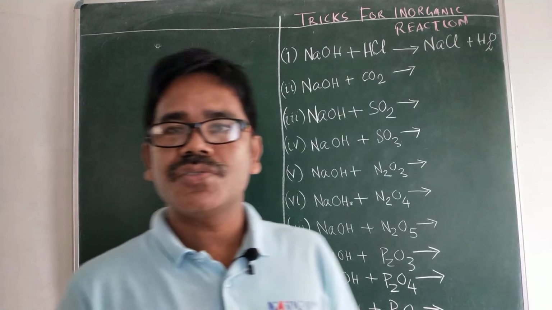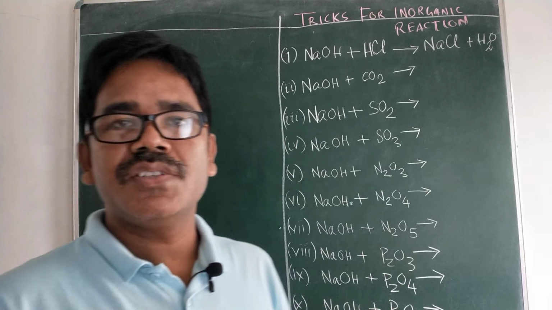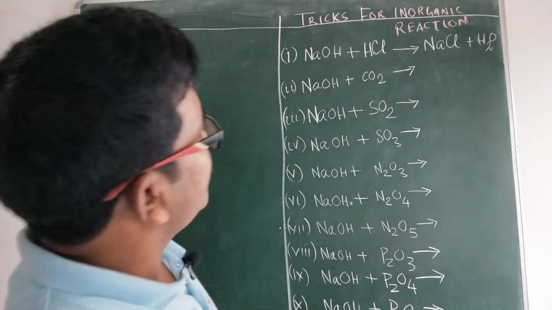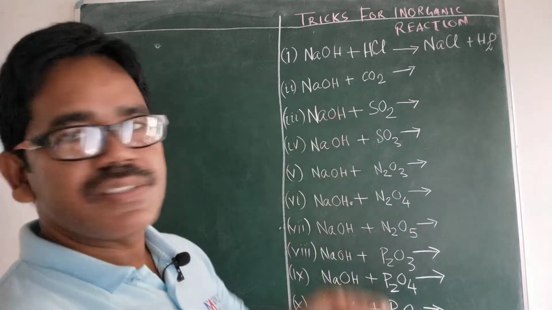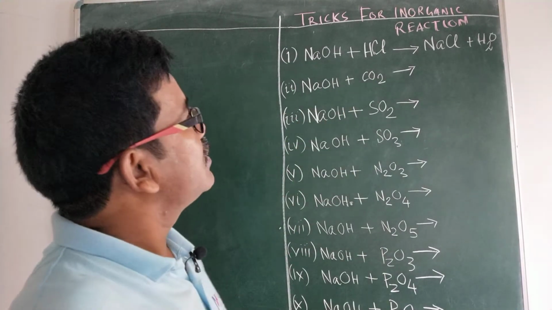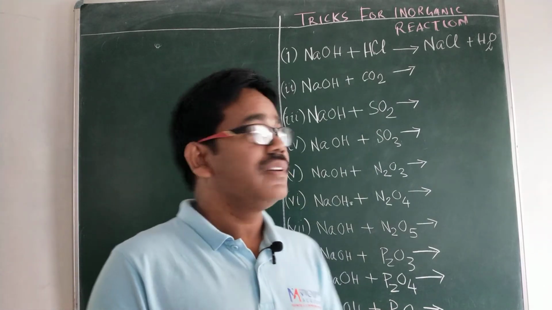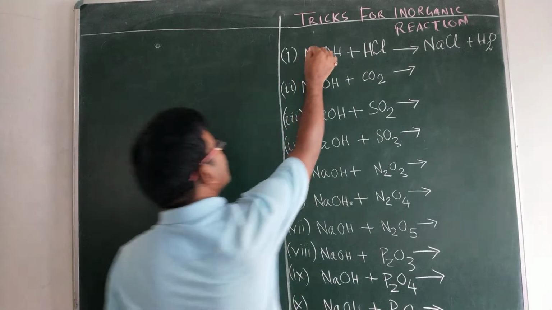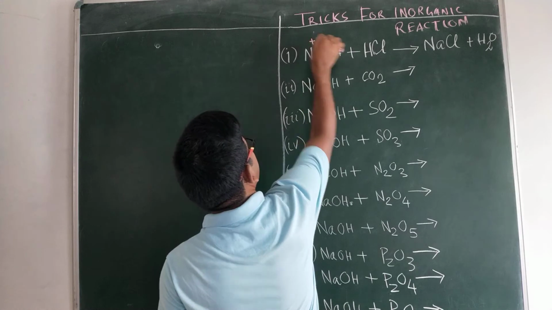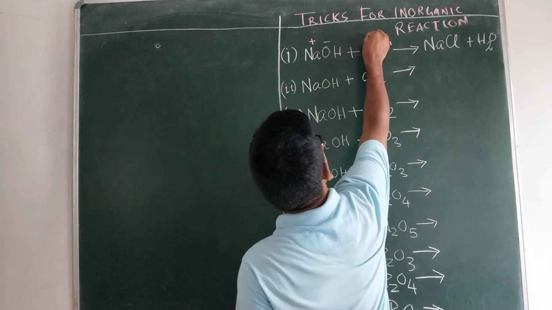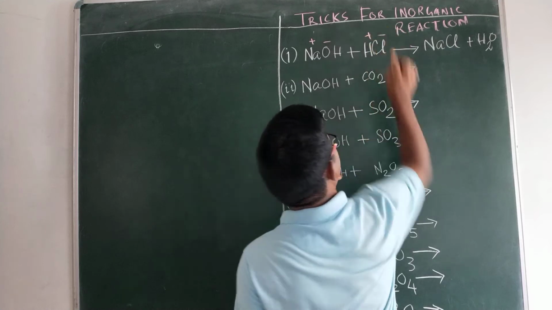Hydrochloric acid also dissociates as H plus and Cl minus in aqueous solutions. Then what is happening? The product is obviously, it is known to all, NaCl plus water. If you observe it minutely, what is happening here? This sodium becomes positive and OH is negative in water. Here hydrogen is positive and Cl is negative in water.